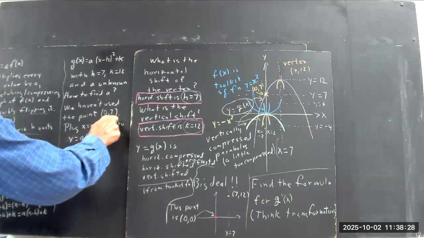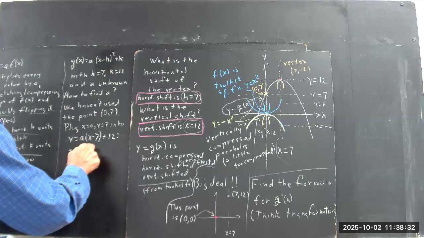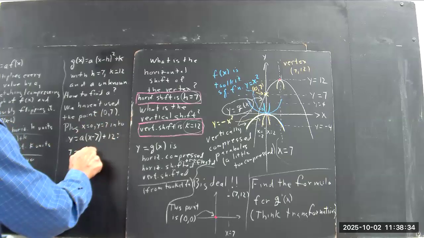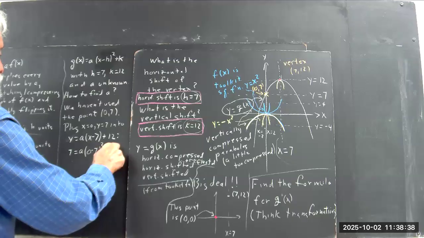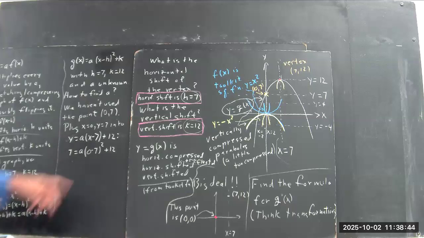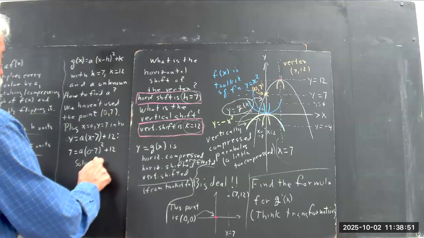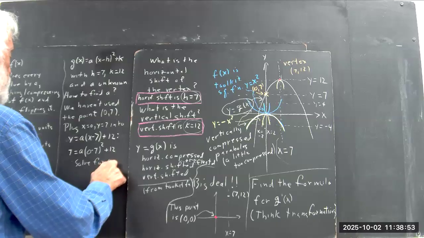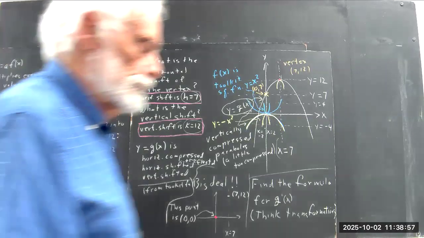We get y is 7, x is 0, and then the plus 12 is there. You can solve that for a.